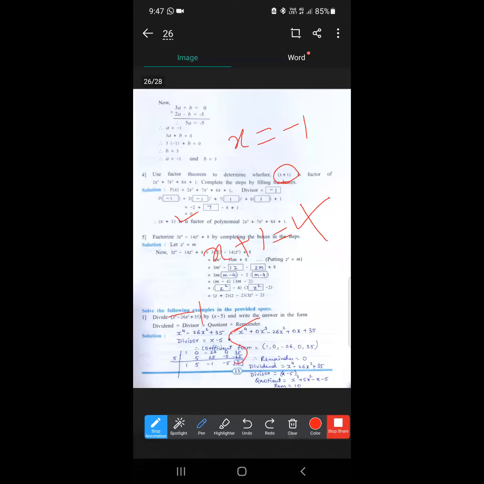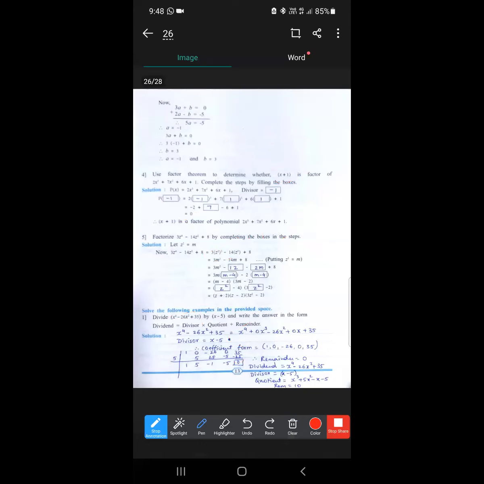So to check whether a particular polynomial is a factor of the given polynomial, the value should be 0. If the value is 0, then it is a factor. If you get any other number except 0, then it is not a factor.